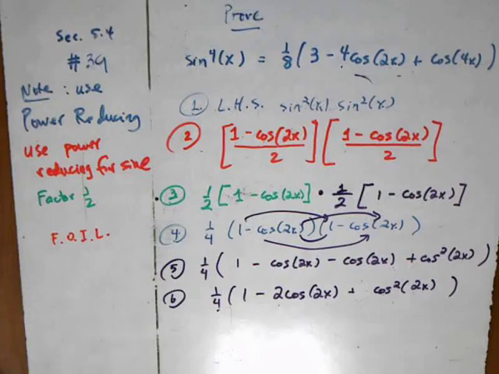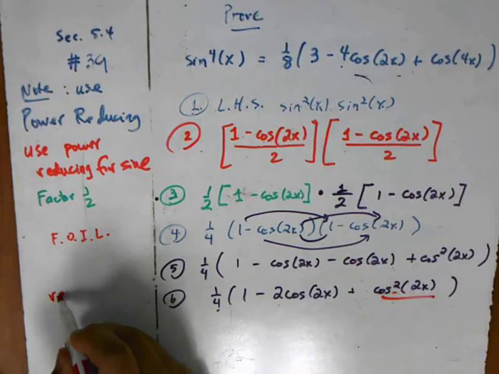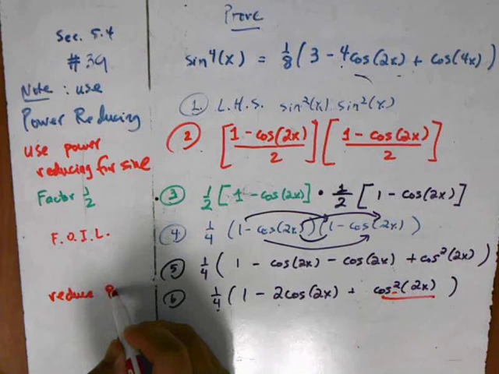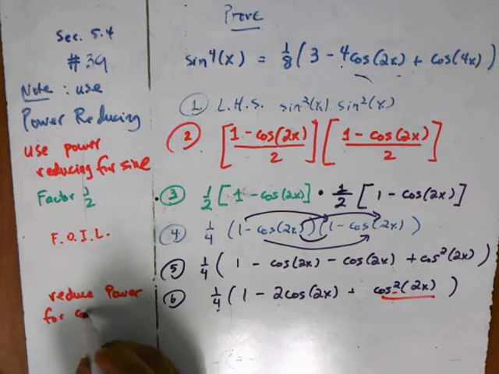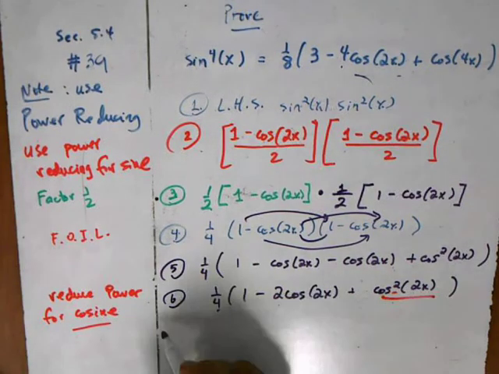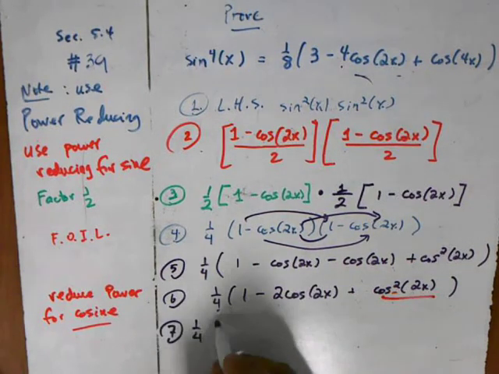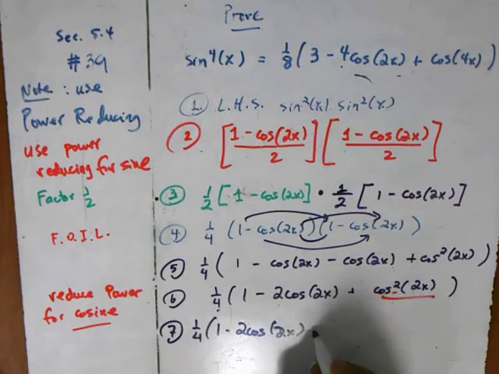So we're going to reduce the power again, but this time for cosine. Now I'm going to have the exact same thing that I had before, 1/4, 1 minus 2 cosine 2x, plus.